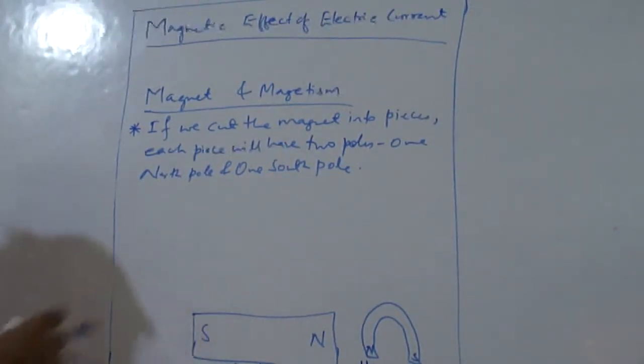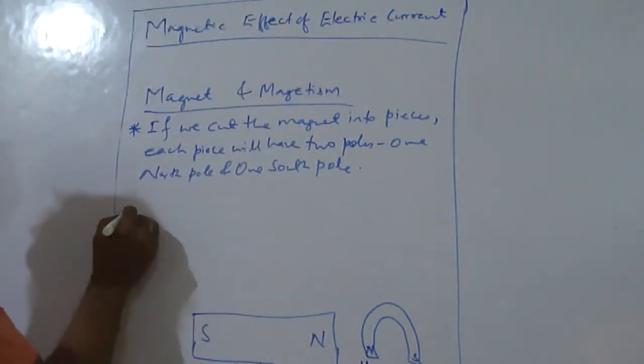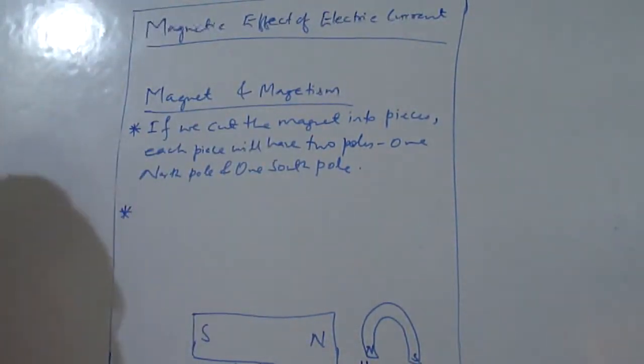So now, what is magnetism? Magnetism is the property by which a force of attraction or repulsion is created on any other object.